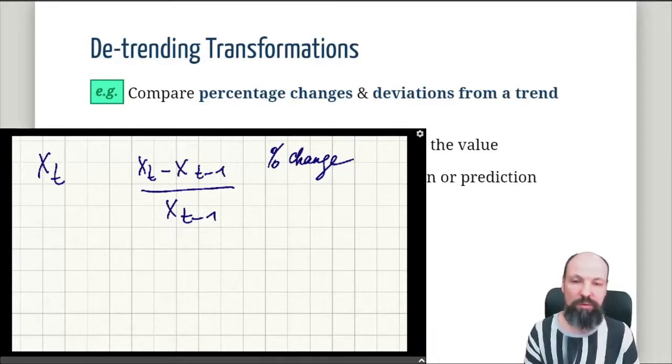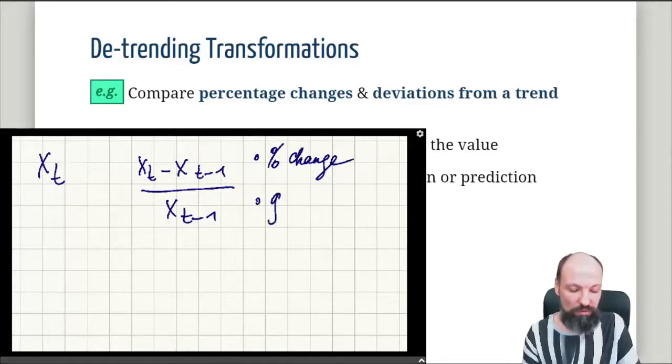It might be even more than 1 easily. What is the other way to call it? Hello, macroeconomics, national statistics, labor statistics. Yes, thank you, it's growth rate.